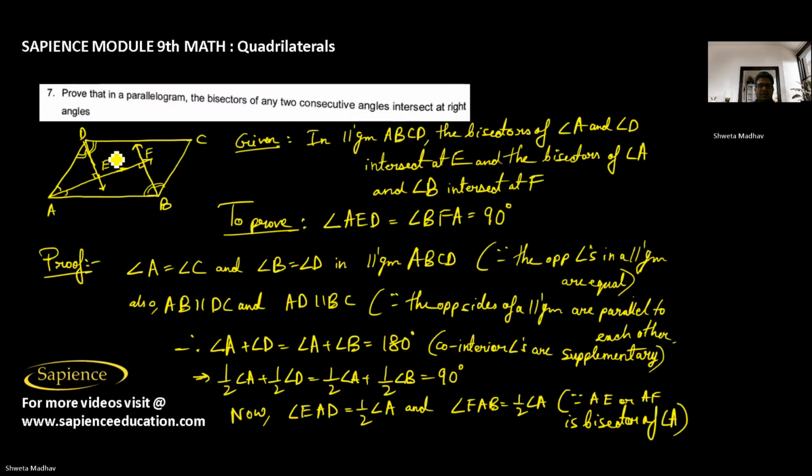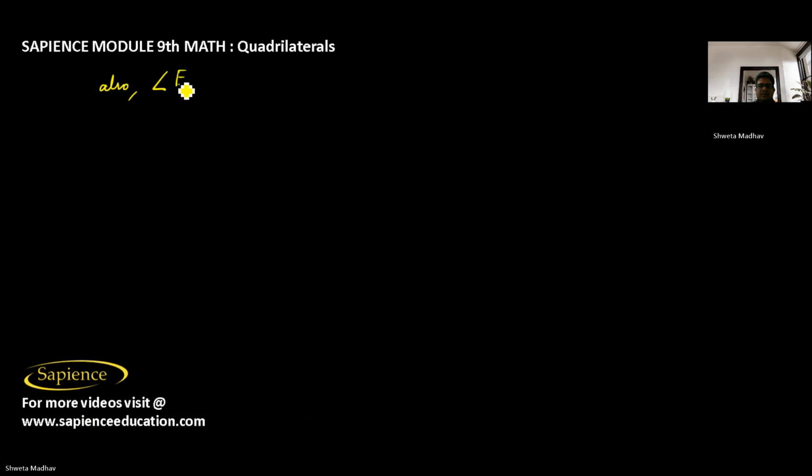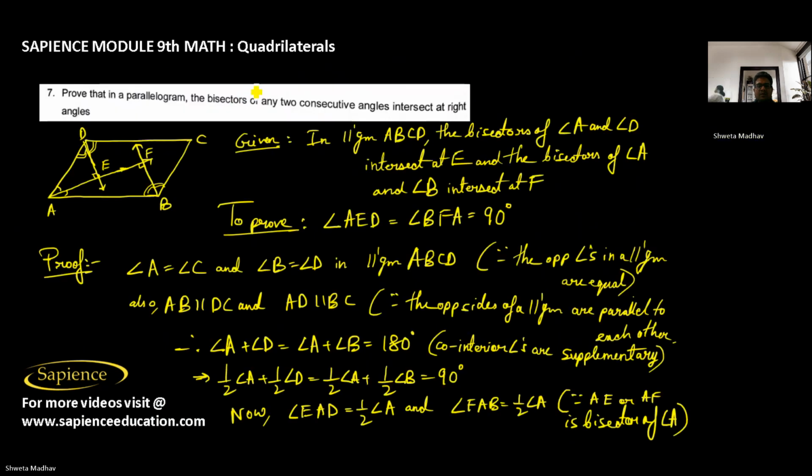Also, we can see that angle EDA is equal to half of angle D, as DE is the bisector of angle D.